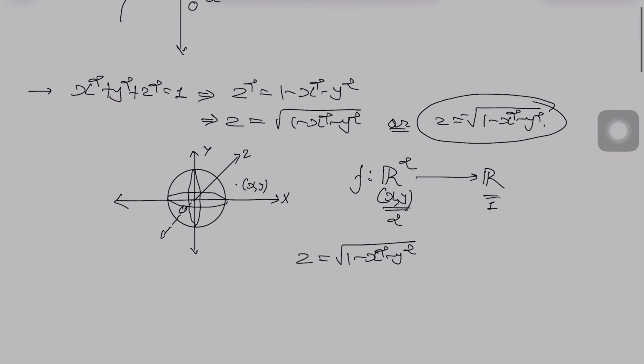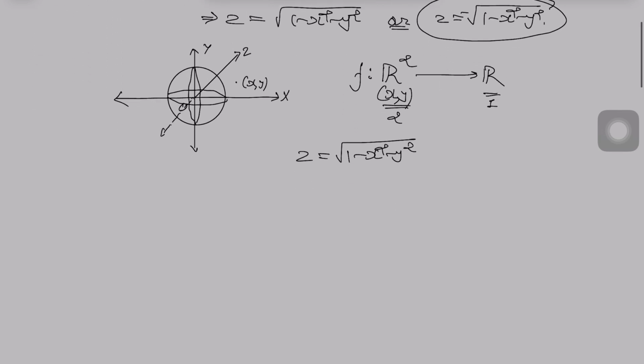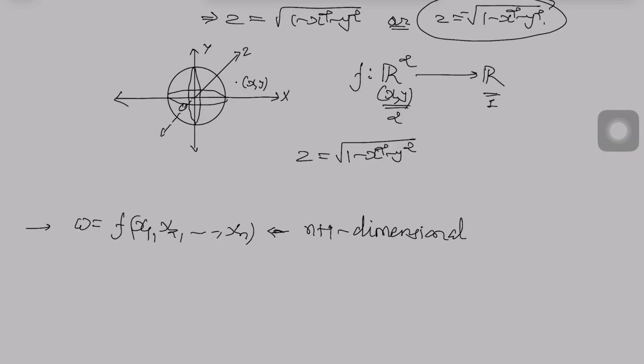We can extend this concept up to n dimensions. So suppose I have given the point x1, x2 to xn. So this is a point from n dimensions, right? I have given some function f, suppose w, then its drawing is a total n plus 1 dimensional structure.